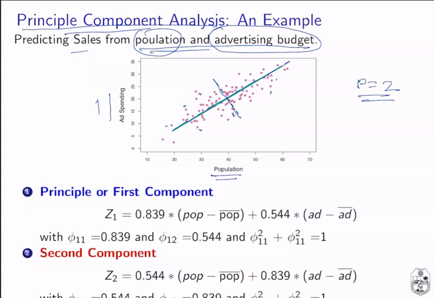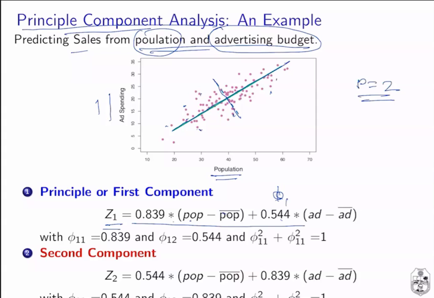And this component Z1, I am expressing in terms of this equation: 0.839 times (pop minus pop bar) plus 0.544 times (ad minus ad bar). Pop here means the population and pop bar means the average of the population value. These coefficients are nothing but our phi.